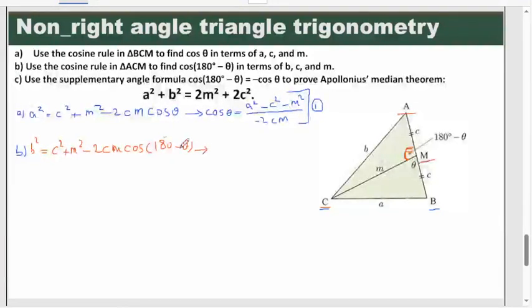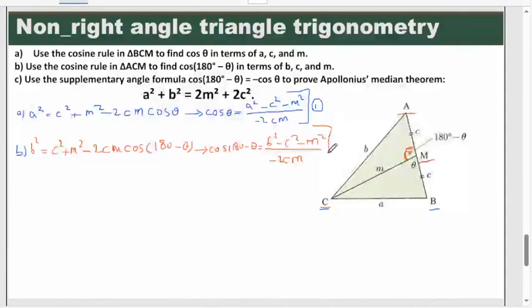Now I make cosine of 180 minus theta my subject in this formula, so I write the formula for cosine of 180 minus theta, which is, I bring the two terms, C squared and M squared, to the other side, so it would be B squared minus C squared minus M squared over negative 2CM.